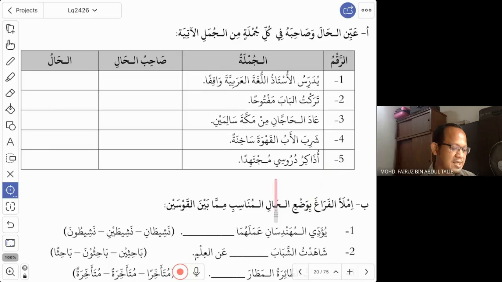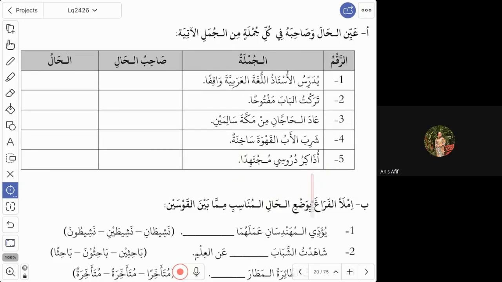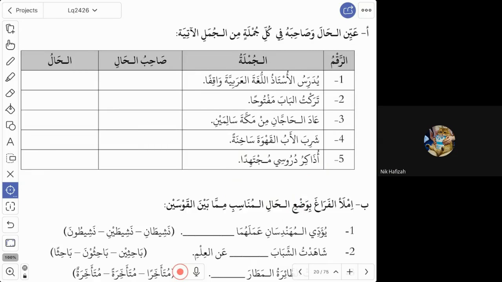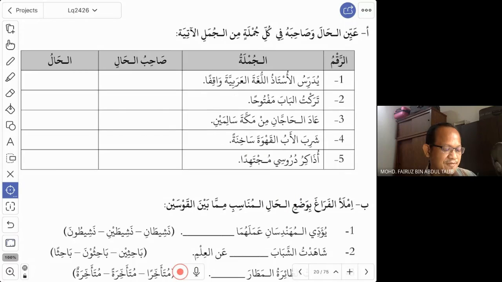So this one is explaining, what do you think? The word mujtahid, this is the hal, but does it explain the fa'il or the maf'ul bih? The fa'il here, where is the fa'il? Udhakiru is the fi'il, but where is the fa'il?